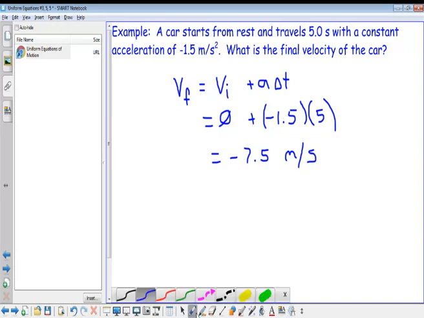Sig figs, there are 2 because time and acceleration both have 2 sig figs. The final velocity is negative, the acceleration is negative, so I can make the claim that this car is accelerating at negative 1.5 meters per second squared in the negative direction. And I know it's negative because the acceleration and final velocity are both negative.